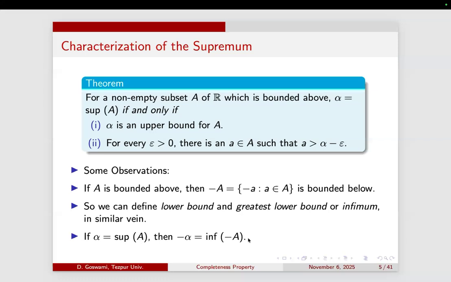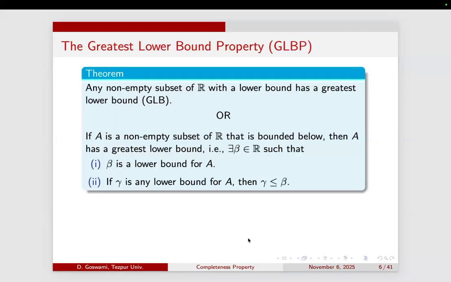We can put it as a property, the greatest lower bound property, that every bounded below set has a greatest lower bound. That means there exists a beta which is a lower bound, and it is greatest among all the other lower bounds. If you have any other lower bound, then beta must be greater than or equal to it. So it is the greatest lower bound.